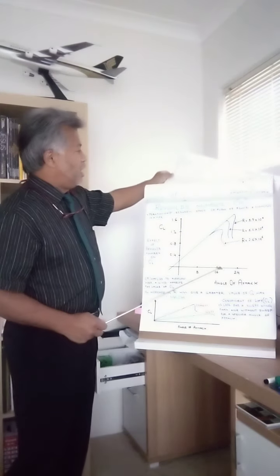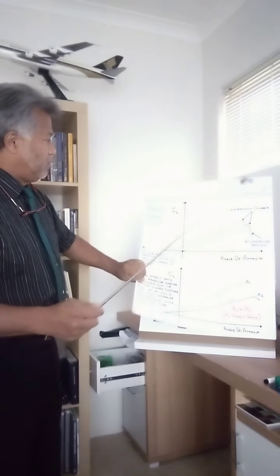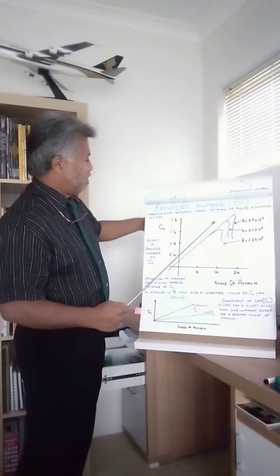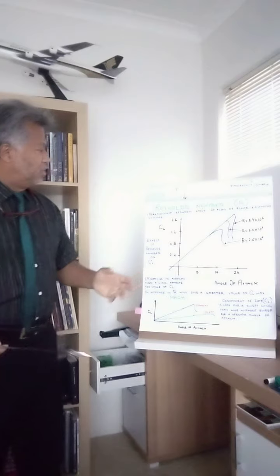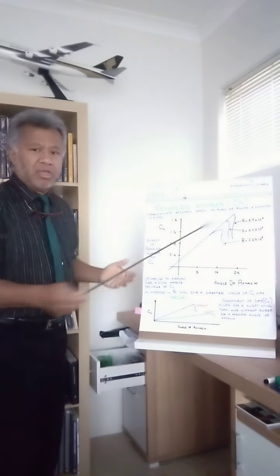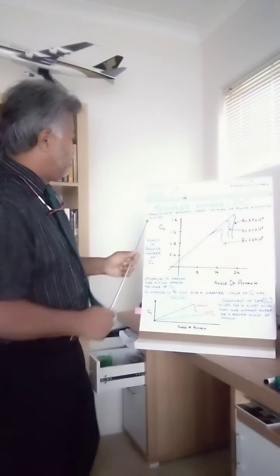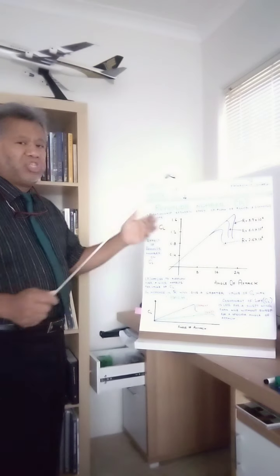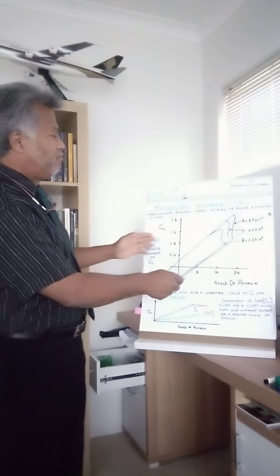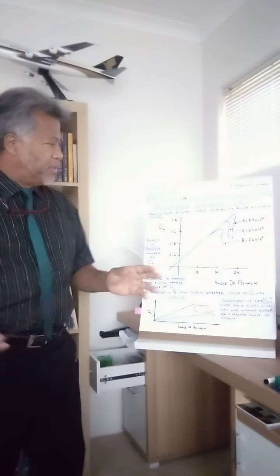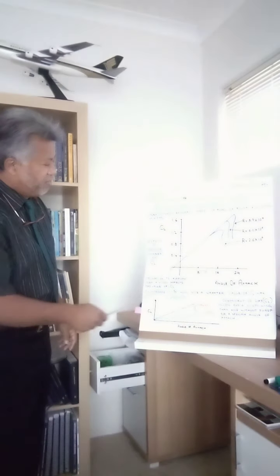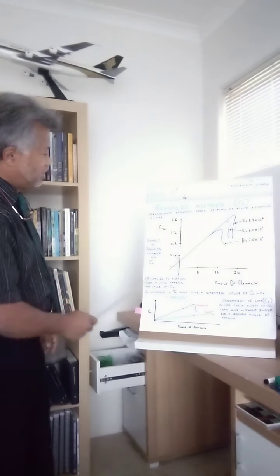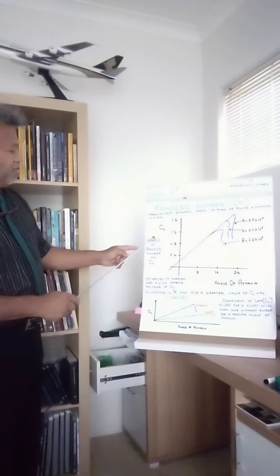Alright. Of course, there are other factors which also affect the coefficient of lift. One of them is the Reynolds number. Everybody's heard of the Reynolds number, which basically tells you the relationship between the speed of the flow of a fluid and the diameter of a pipe. So here we have a graph again with the angle of attack versus the coefficient of lift, showing the effect of Reynolds number.